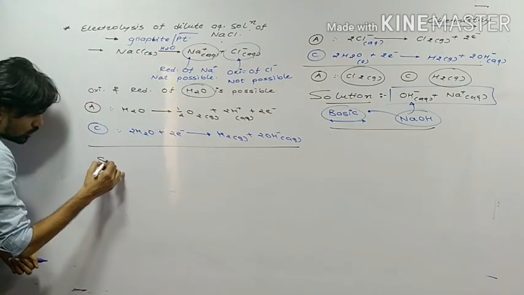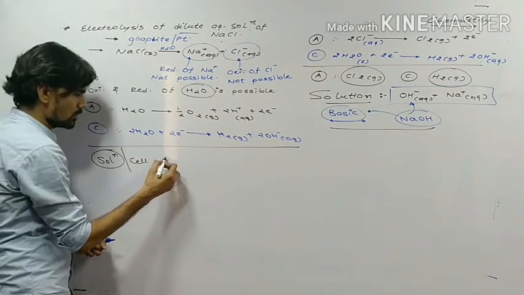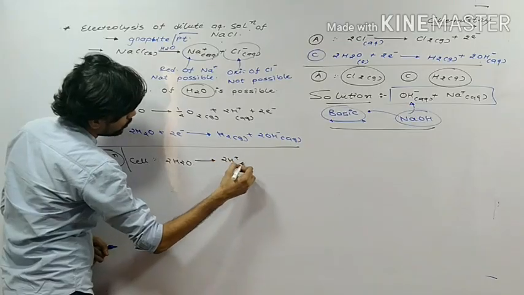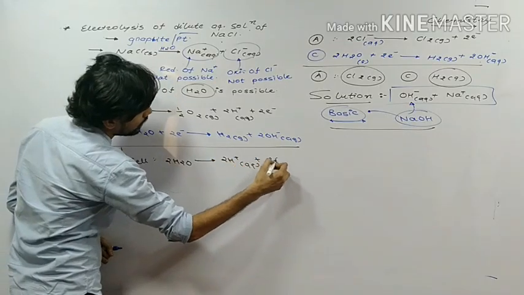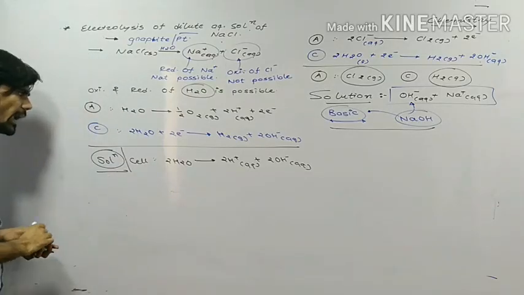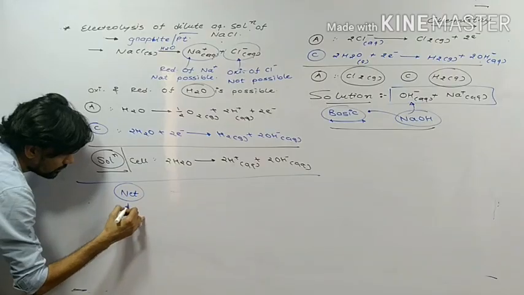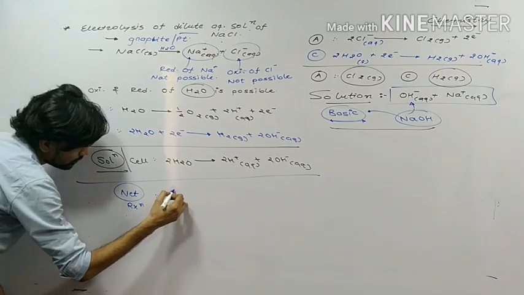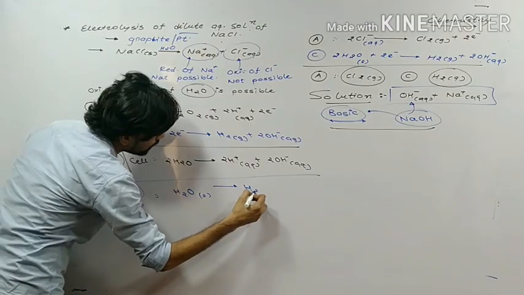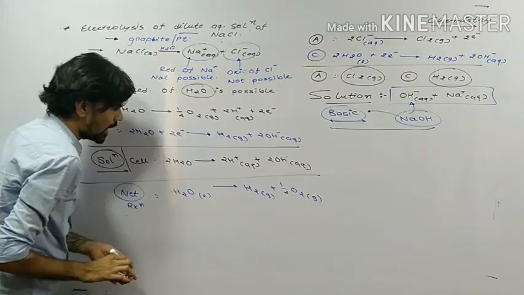In solution or in the cell, 2H2O will give 2H+ aqueous and 2OH- aqueous, which is present in solution, and the net reaction is H2O liquid will give H2 gas and half O2 gas.